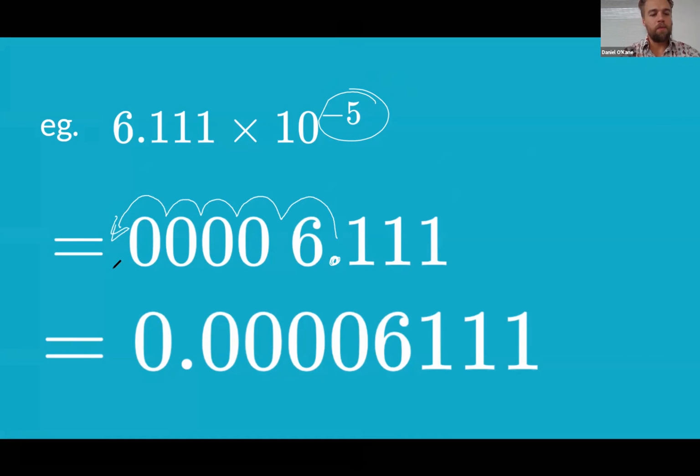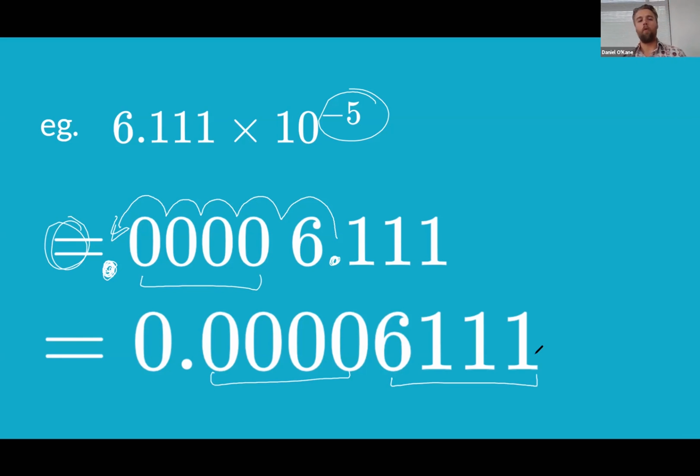So then the decimal point is going to exist here now. And because this is a number less than 1, I can write 0 out the front. So then 0 point, I've got these 4 zeros and then the remaining digits, 6111. So I've converted 6.111 times 10 to the power of negative 5 to be 0.00006111. So that's an easier way versus that place value table work that I was doing before to convert a number in scientific notation back to a standard number.